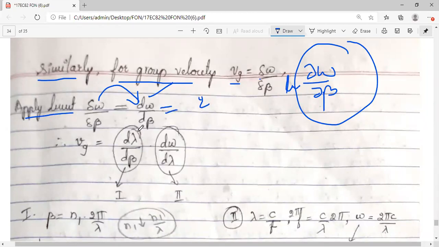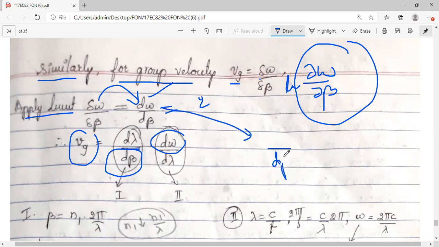In order to do that, see, Vg is equal to d omega by d beta. I have written it like this separately: d beta separately, and the numerator separately. In the space, I will fill in a common term which is linked to both omega and beta.